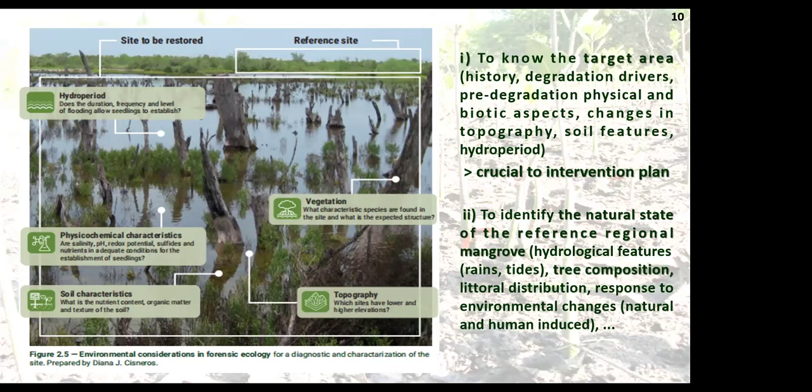How do the tides reach these mangroves? How are the conditions in the rain season, that is when the mangroves release their propagules or their seeds? What is the tree composition and the lateral distribution of these tree species? What are the responses to environmental changes, be they human or natural? This is information that you need to establish your restoration in your target area.